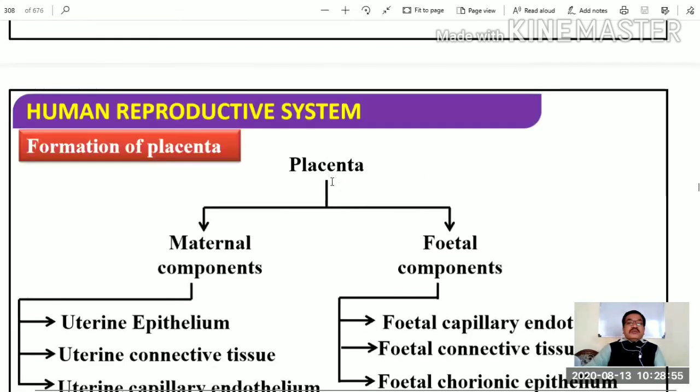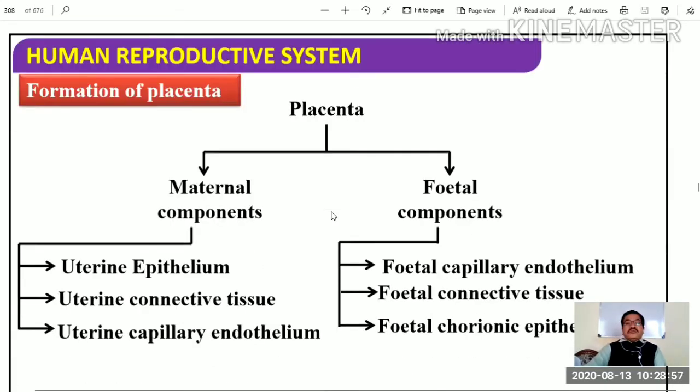Then the placenta is divided into two types. We already discussed the maternal components and the fetal components. The maternal and fetal components are connected to each other, and then there is development of the fetus. So what are the maternal components?